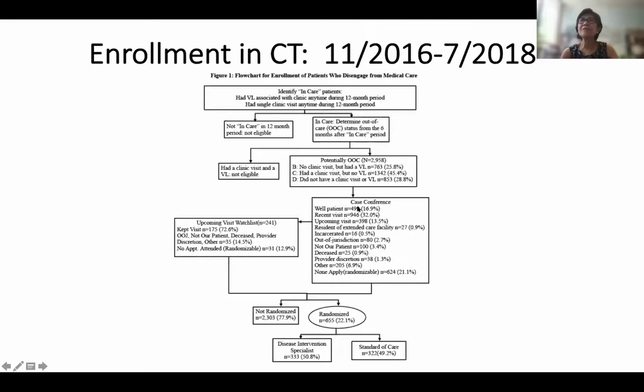And they said 499 were actually, well, we're not worried about them. 946 already had a recent visit that the health department surveillance missed. 398 had an upcoming visit. We put those on a watch list. And then a whole bunch of other people were already deceased. They were residents of ECFs, et cetera, and that left us with 624 who are potentially randomizable.